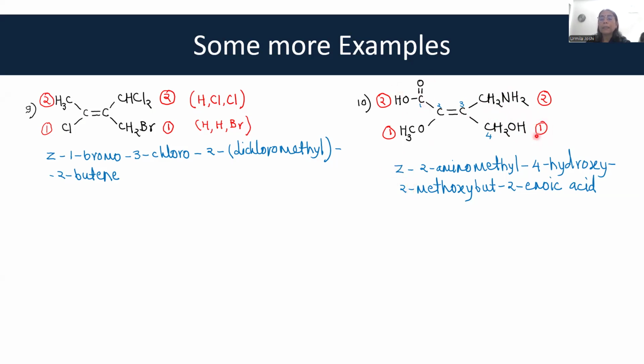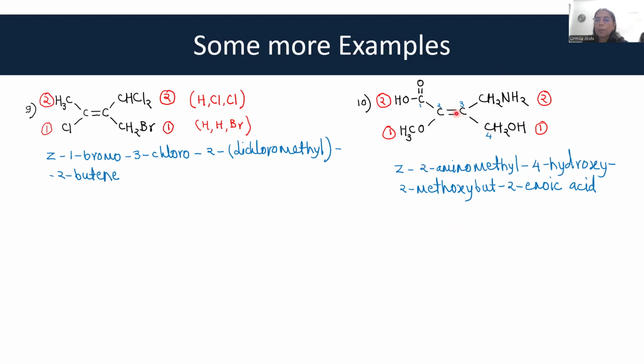Now while naming, the major functional group is carboxylic acid. So this should come in the parent chain, and therefore the numbering 1, 2, 3, and 4. So it is 2-methoxy, 4-hydroxy, and then 3-aminomethyl.